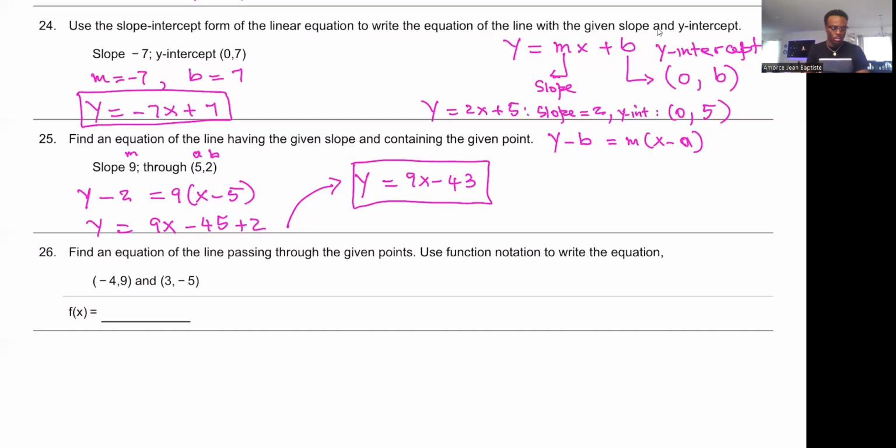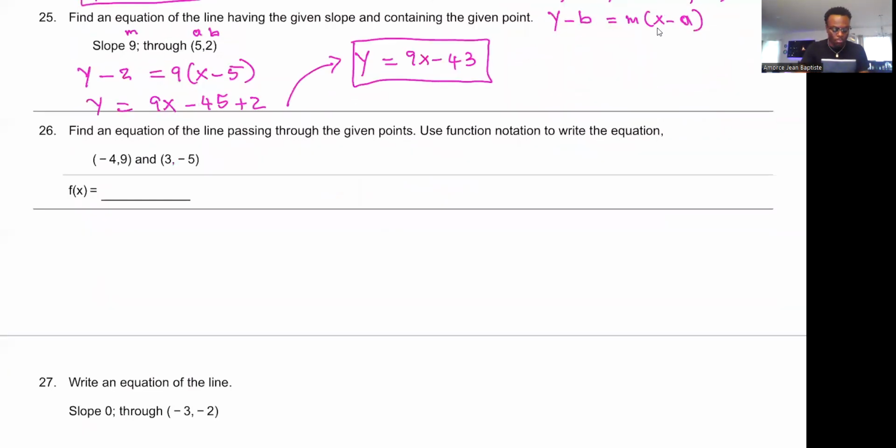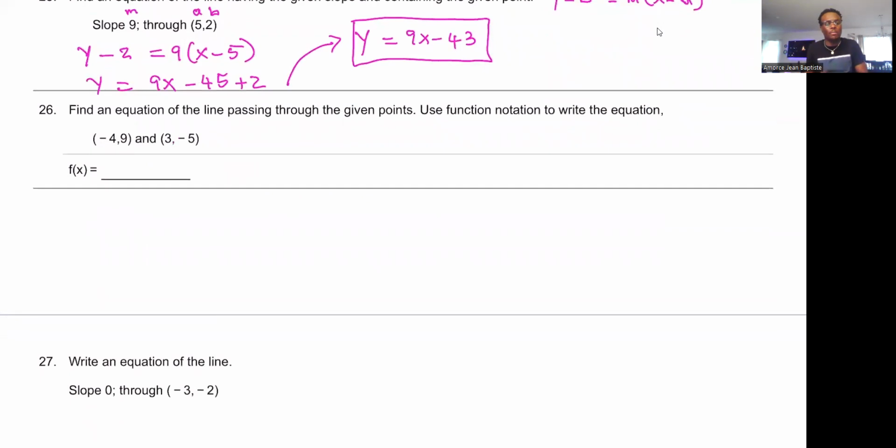Number 26, they don't give me the slope, but they do give me the 2 points that the line passes through. And I know how to find the slope when I know the coordinates of the points. M equals y2 minus y1 over x2 minus x1.